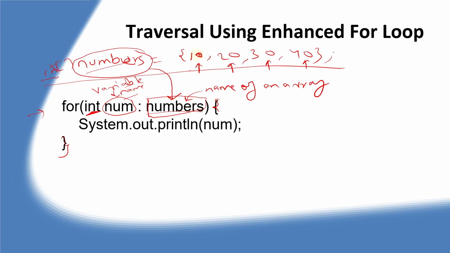For that we need one variable, and that variable name is num. Here we can give any variable name for holding values of an array. It can be x, y, z, num, any variable name. It will hold the value of the numbers array. While iterating, at a time we will get one value, and that is of int type.